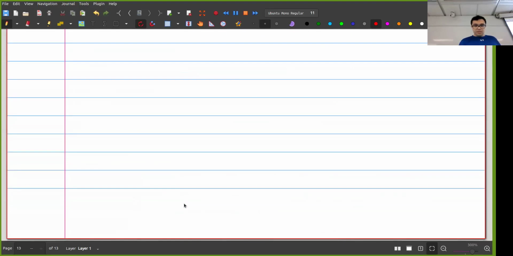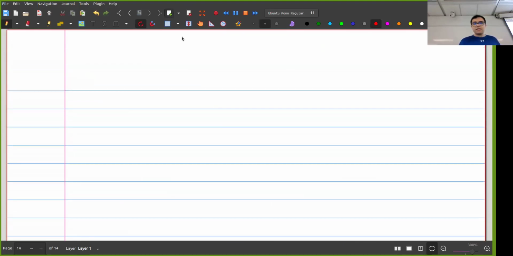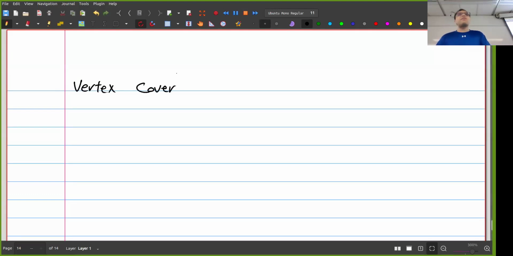So let me give you an example of this, and let's do our favorite problem, vertex cover. So remember the problem of vertex cover? The input is just a graph and some number k, and you want to decide whether you can take k of the vertices so that they cover all of the edges of the graph. Okay, so my input is a graph G and some number k.